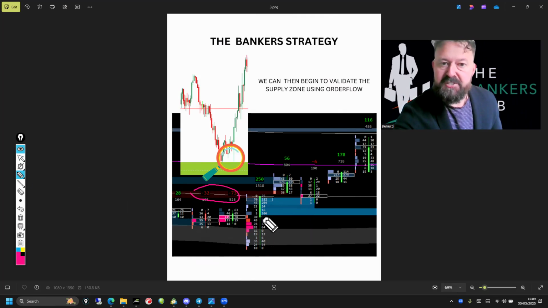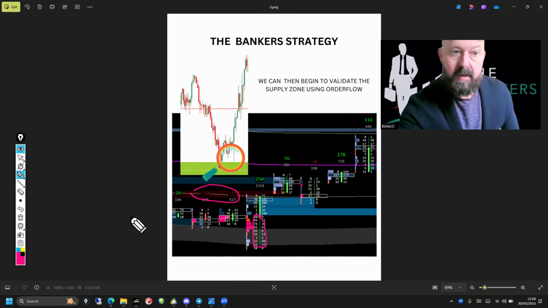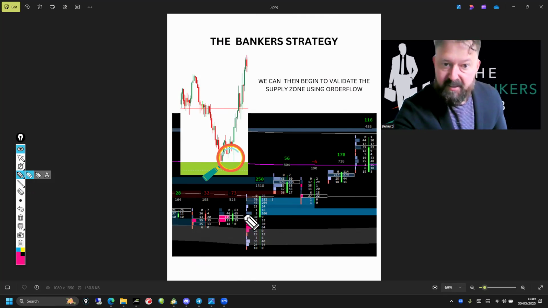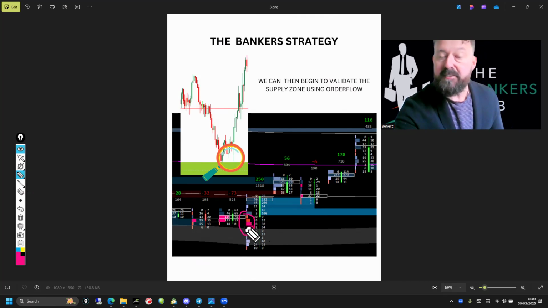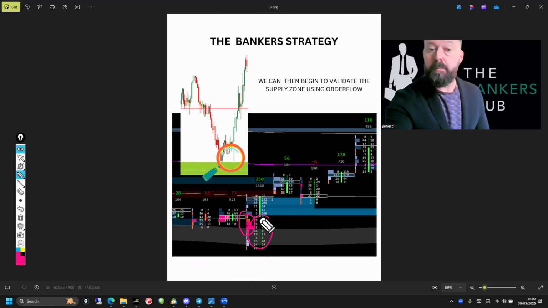We then got the rejection tail, a pin tail, and that tells me that there was absorption taking place. What I'm seeing is these red boxes, which tell me there's aggressive selling coming into the area of interest, which is that point of control, followed by the rejection tail and the candle closing higher, which tells me there's absorption taking place.